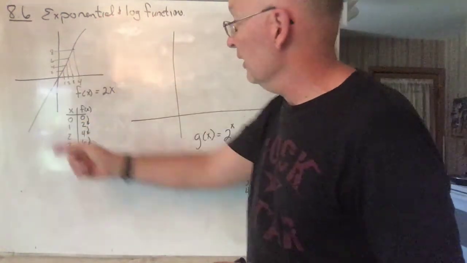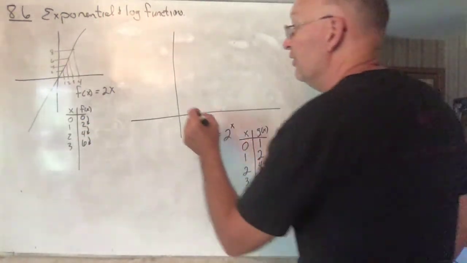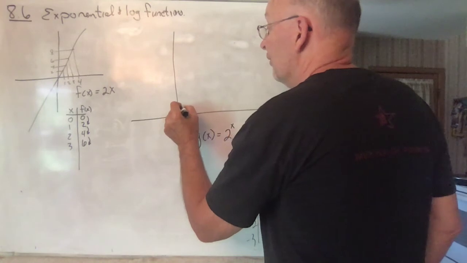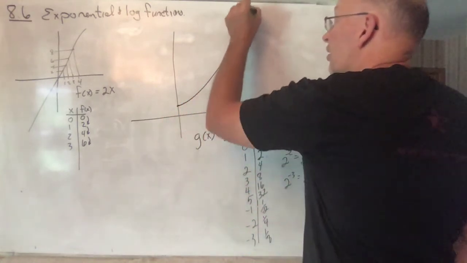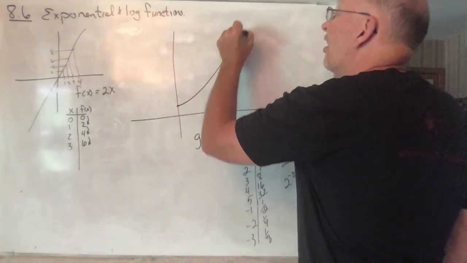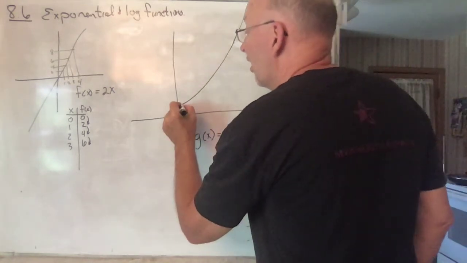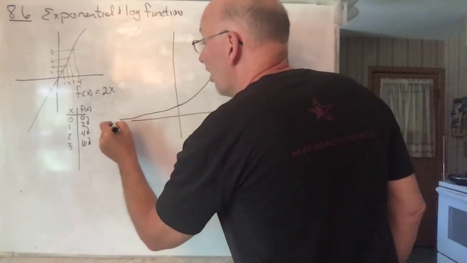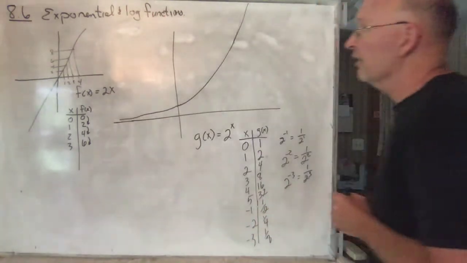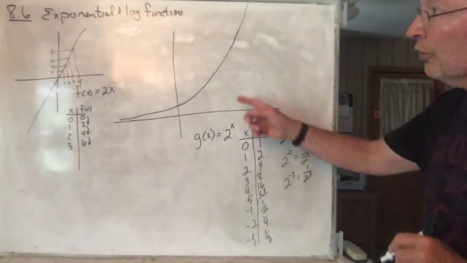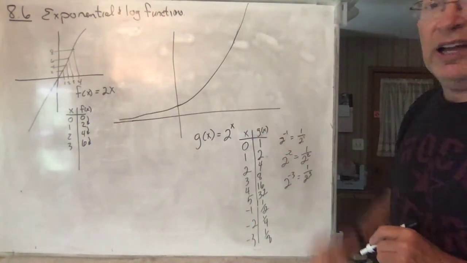This gave us a straight line. If we connect all these points, we're going to get something that looks like that. It's going to grow very, very fast.